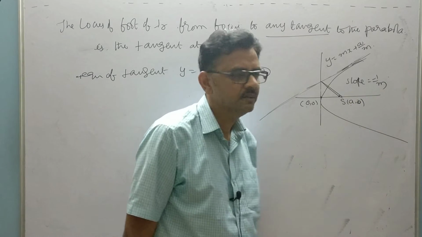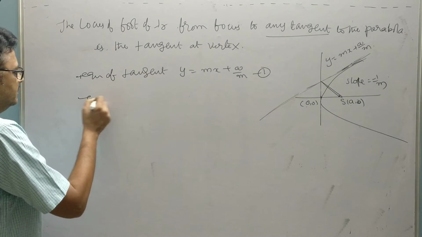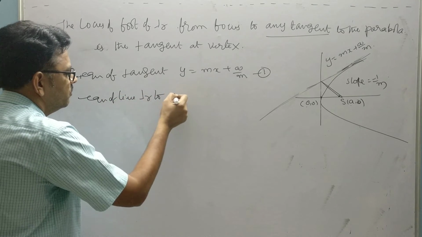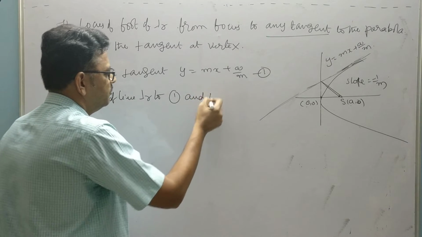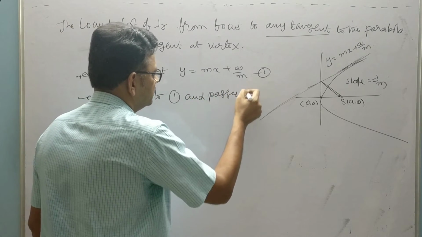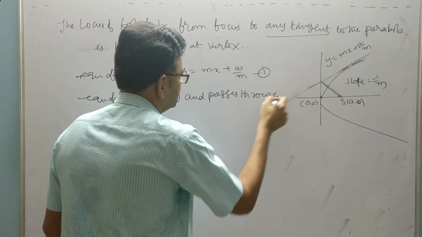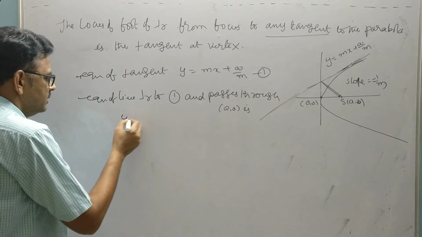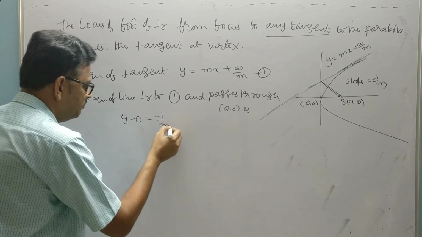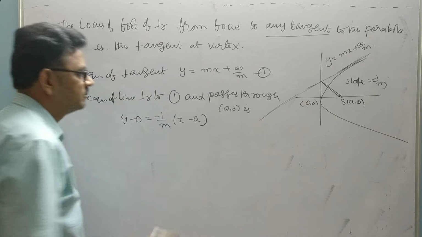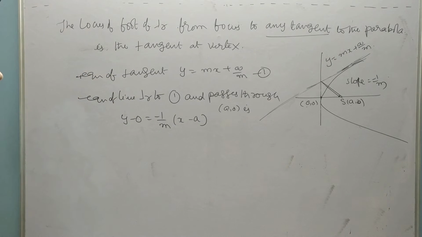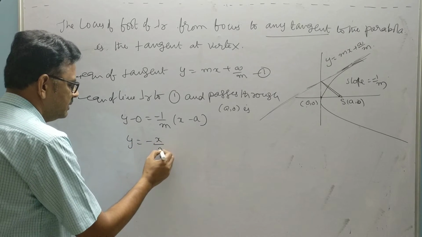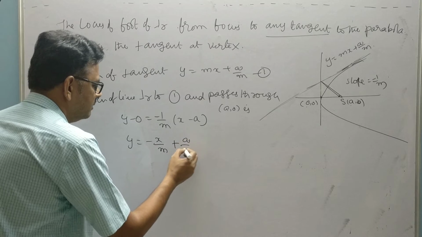Using the point-slope equation, the equation of the line perpendicular to the first and passing through (a, 0) is y minus y1 equals m into x minus x1. So this is y equals minus x by m plus a by m.